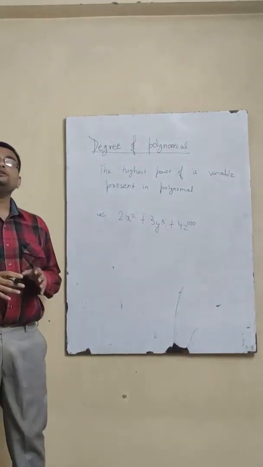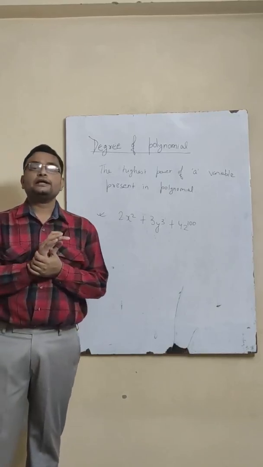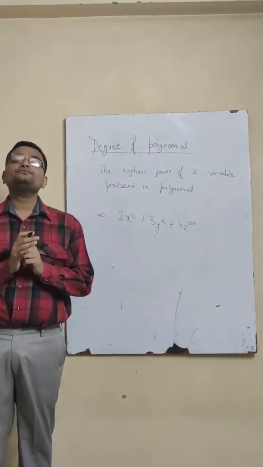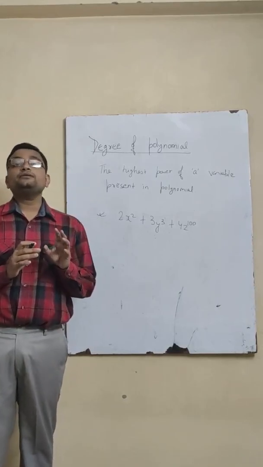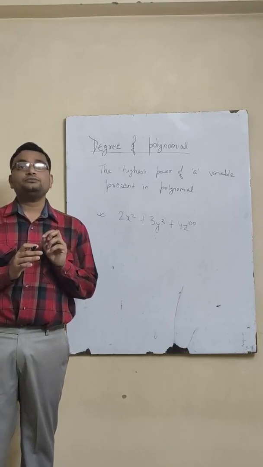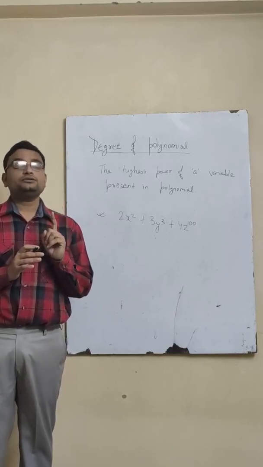If I talk about the degree of polynomial, then see the polynomial, observe the variables, and observe which variable is having the highest power and what is the magnitude of that power.